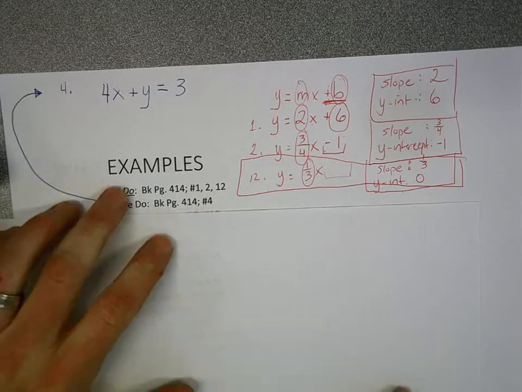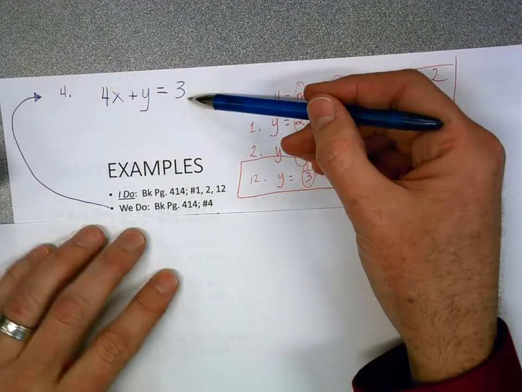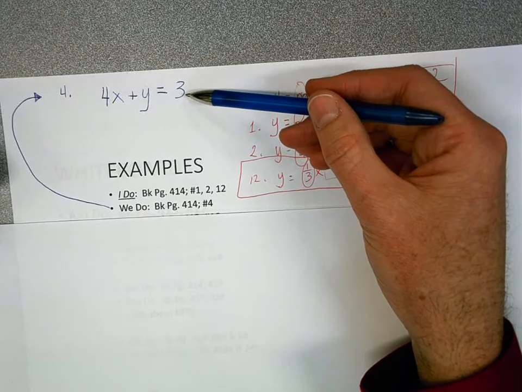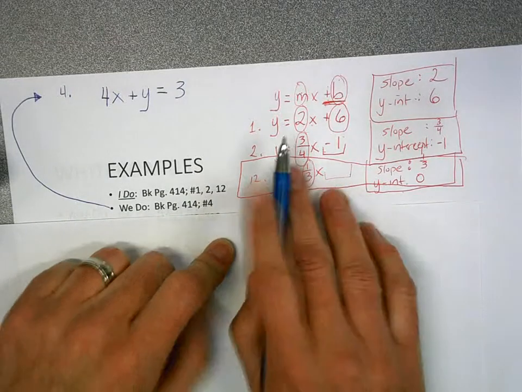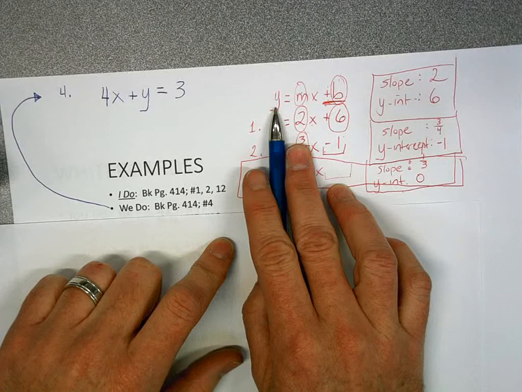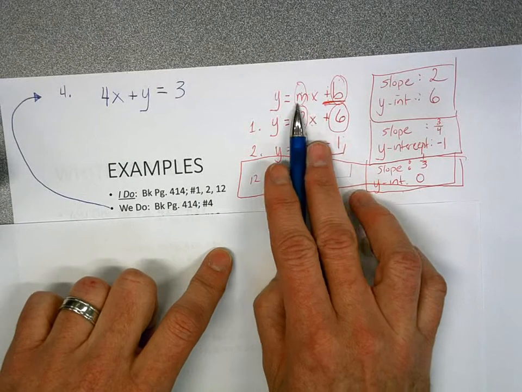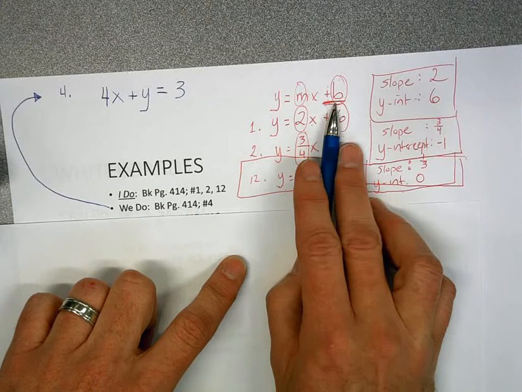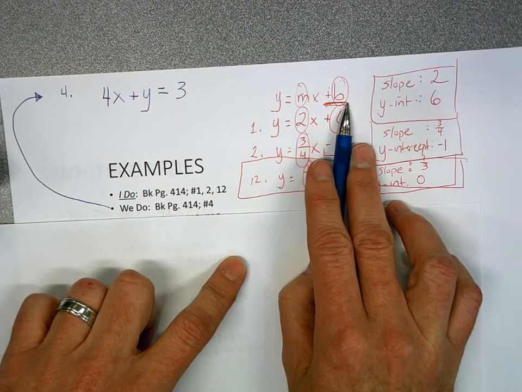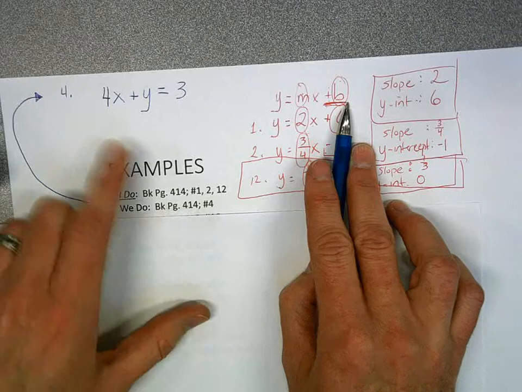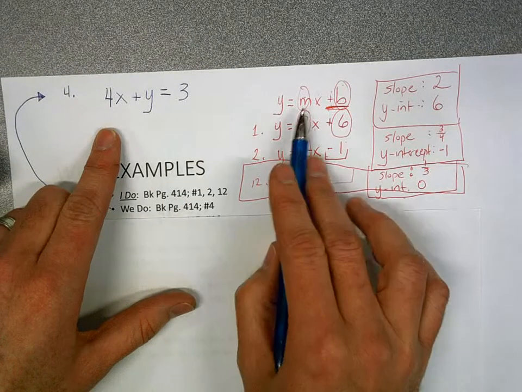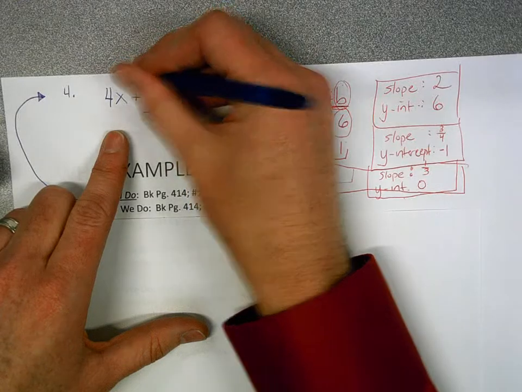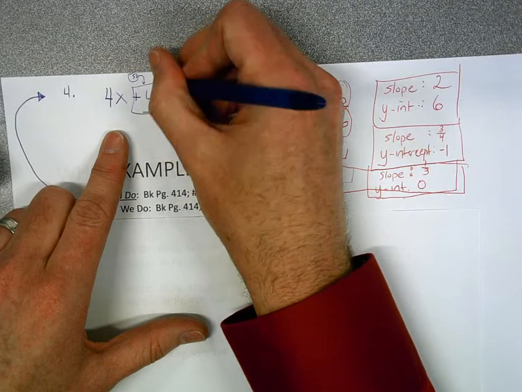First off, ladies and gentlemen, this of course is not in slope-intercept form. Why? Because in slope-intercept form, y is by itself. You have the x with its coefficient on the other side of the equal sign, then you have the y-intercept after that, the constant. So I need to make sure it looks like this. Step one is find your y.